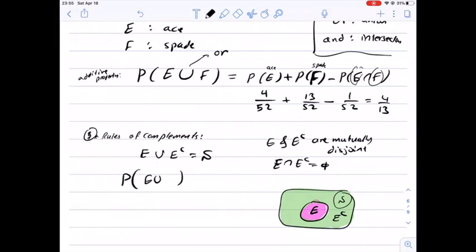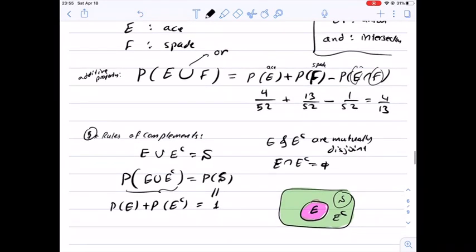So now if we take probability of both sides, probability of E union E complement equals probability of S, but we know that probability of S is equal to 1. That's a certain event. And what is the probability of the disjoint sets? It's probability of the first plus probability of the second, and we don't need to subtract the intersection because the intersection is phi, so the probability is 0.